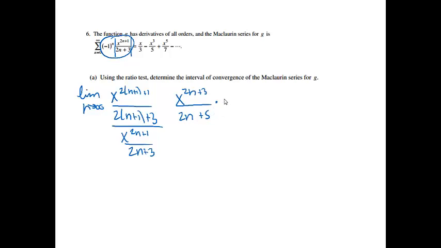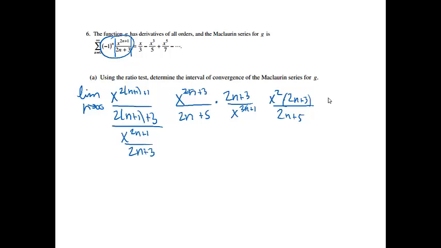And then if I multiply by the reciprocal, it will be 2n plus 3 over x to the 2n plus 1. And then if I continue to simplify this, I can simplify my x's. The 2n's are going to cancel out, and if I subtract those, I'll get x squared times 2n plus 3 over 2n plus 5. And remember, we're finding the limit as n approaches infinity.